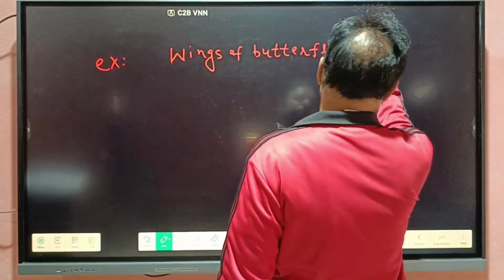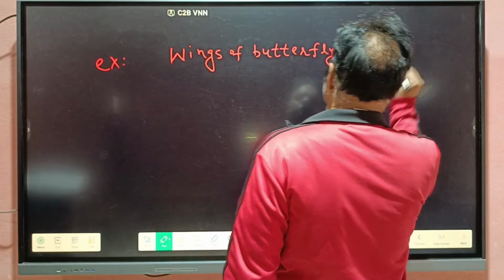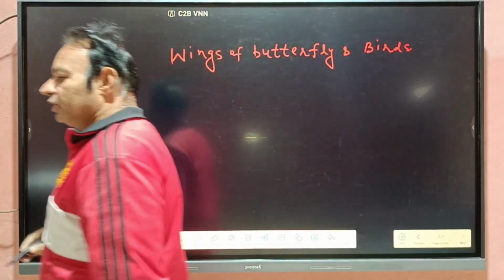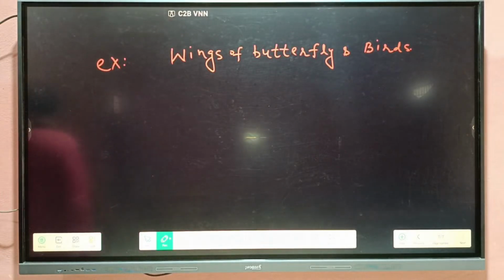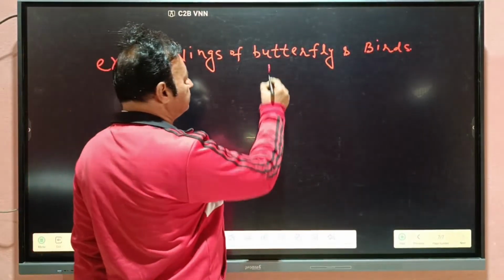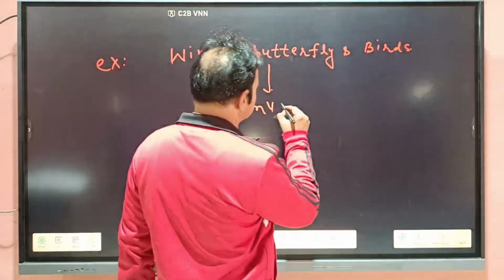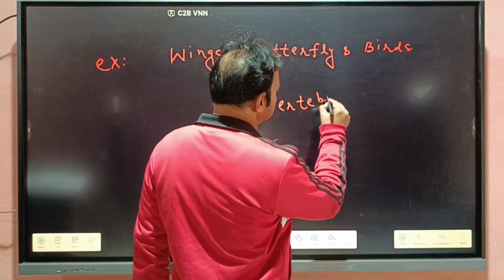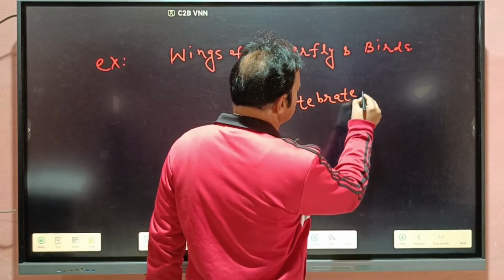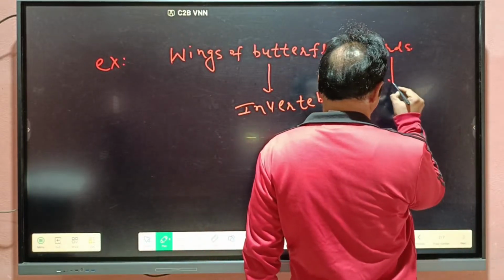Butterflies are invertebrates, and birds come under the vertebrates.